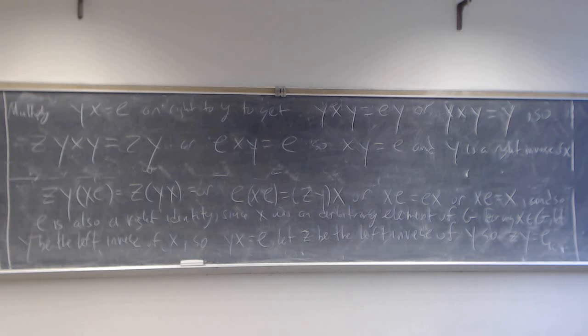So that completes the proof, right? I've shown that if y is the left inverse of x, y also has to be the right inverse of x. X times y also has to equal E.